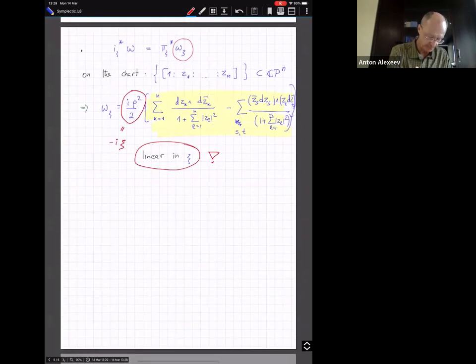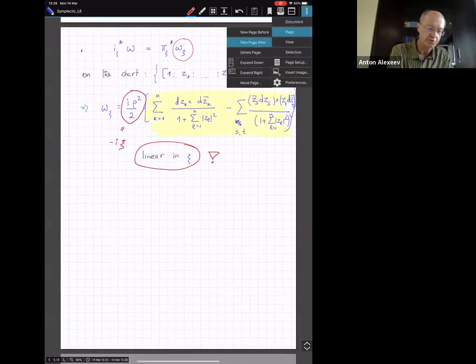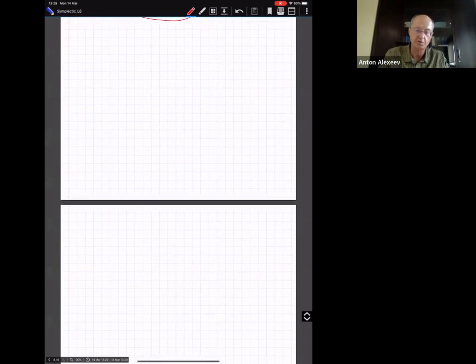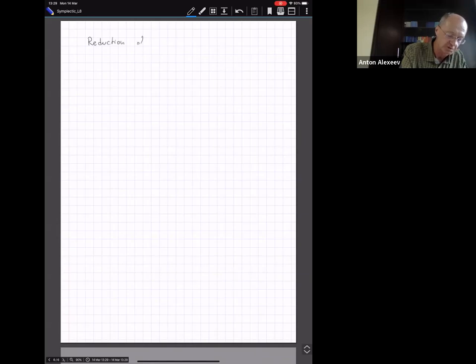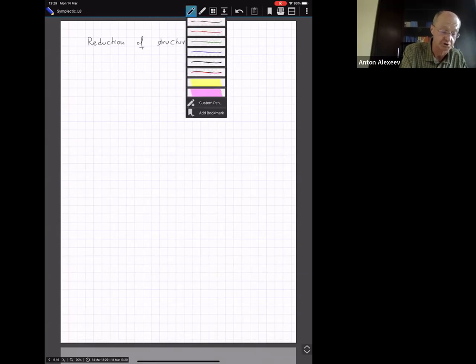So now I want to develop the theory a little bit more before going to yet another example. And here I want to tell you something about reductions of structures.